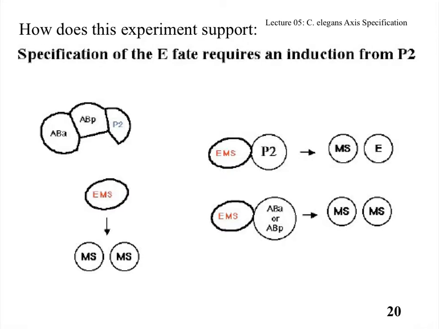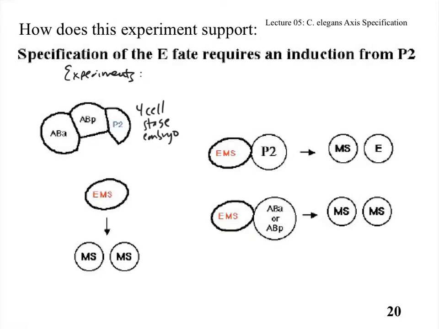Okay, so here's the experiments we're checking out. Basically, they took a 4-cell stage embryo and then they pulled out different cells, so they dissected them out. Sounds tricky, and I'm sure it is, and requires some practice, like everything. And then they put different cells next to each other.